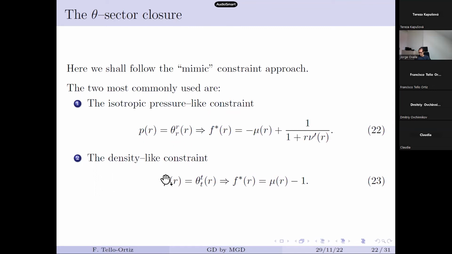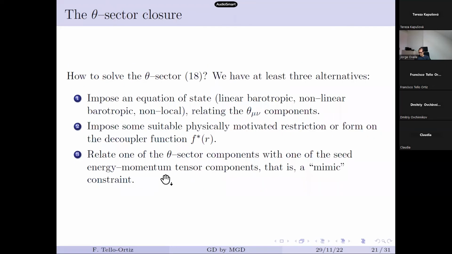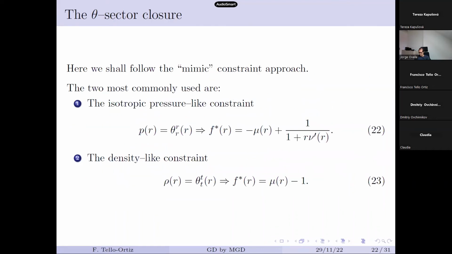And here in this talk, I'm going to talk about the mimic constraint approach, okay? Because here you can impose, as you feel, any equation of state or any form of the deformation function. But the mimic constraint approach encodes an interesting situation. The most commonly used are these mimic constraints.